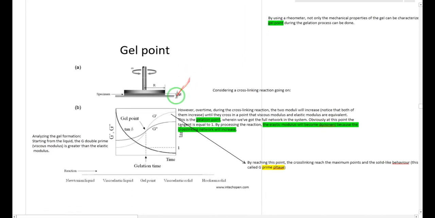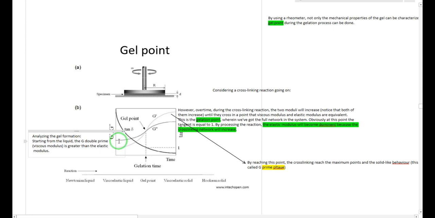Well, here is the diagram that I showed you in the introduction, and I told you to consider a condition in which the cross-linking between the polymers is increasing over time. So at this point you see here that G prime is lower than G double prime.